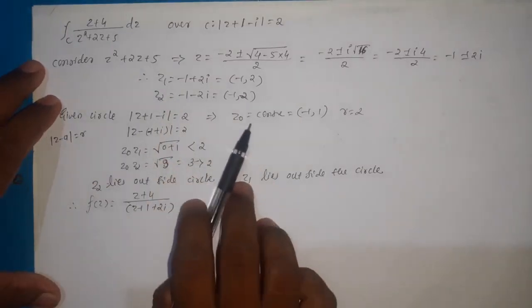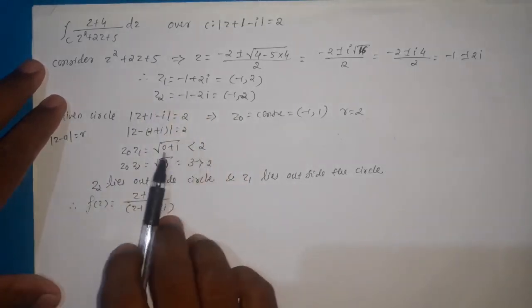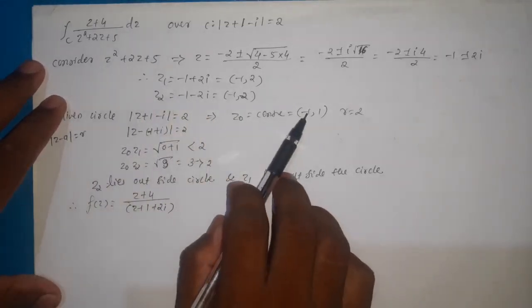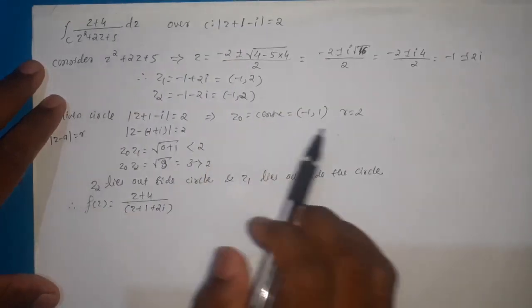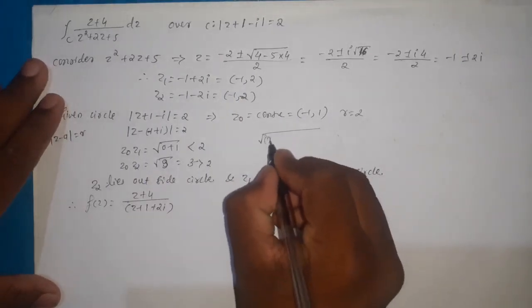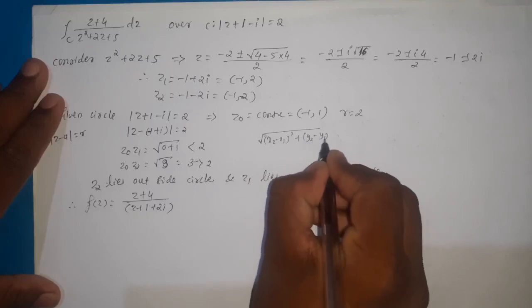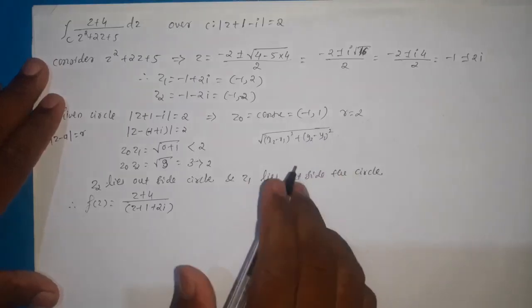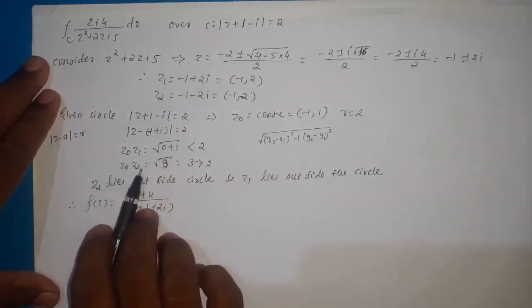So by using the distance formula, let us find z0 z1, that is square root of (x2 minus x1) whole square plus (y2 minus y1) whole square. By using this formula we can find the distances z0 z1 and z0 z2.